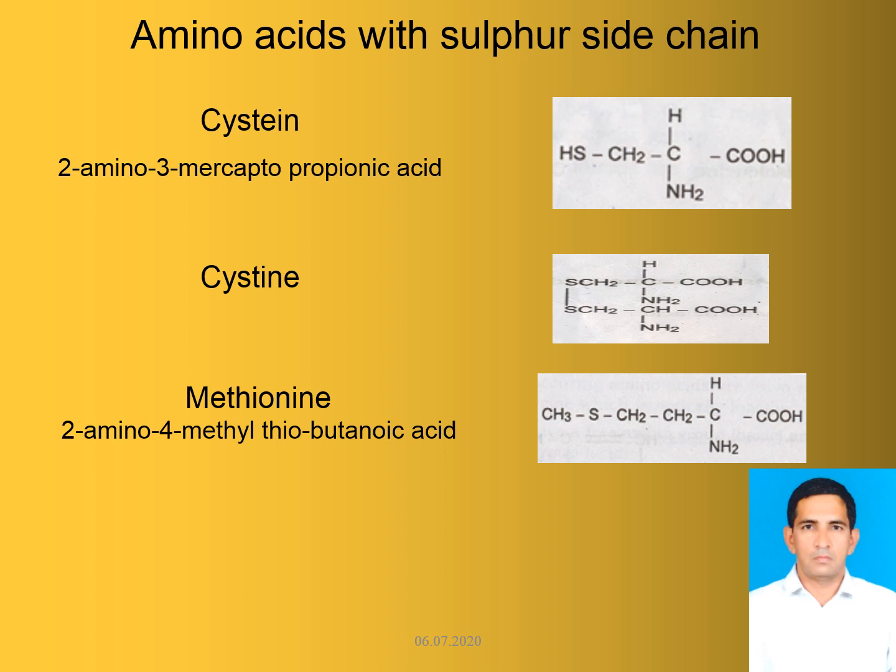Cysteine, on the other hand, does ionize to form the thiolate anion. Even so, it is uncommon to find cysteine on the surface of a protein.